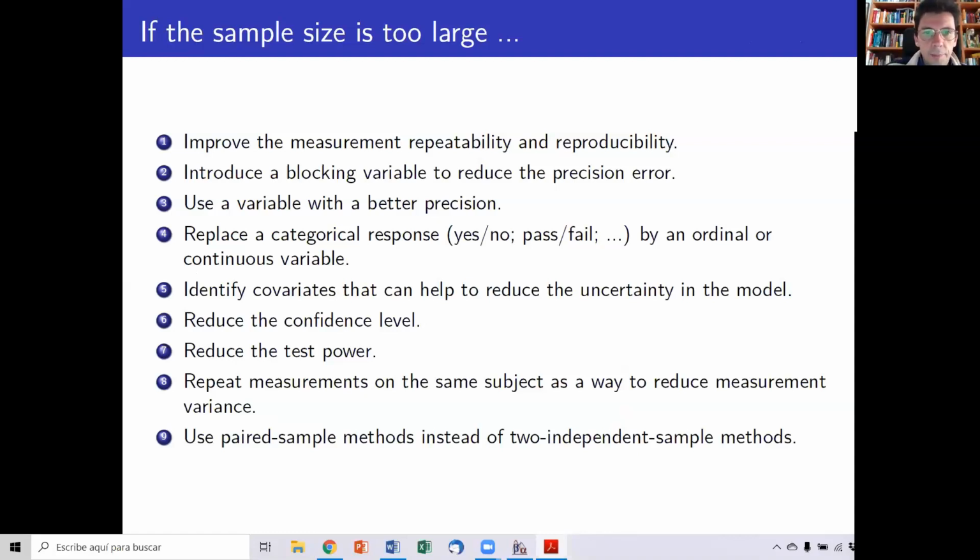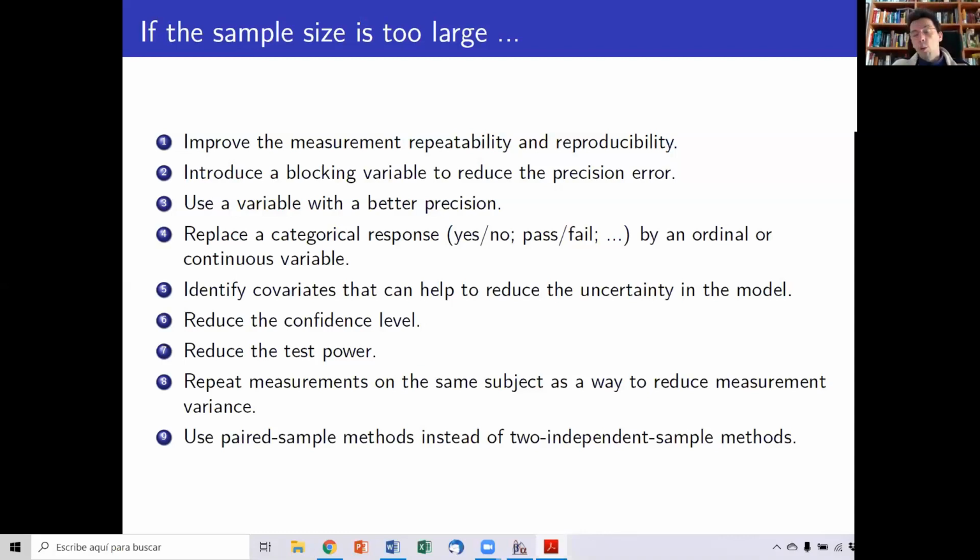And another possibility is this one of using paired samples. So paired sample is when, well, this is one of the examples, when an individual acts as its own control. So let's say that you measure the blood pressure before the treatment, then you give the treatment, and then you measure the blood pressure after the treatment.